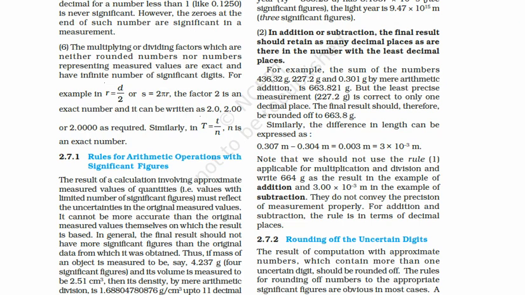Now let us understand what happens in case of addition or subtraction. In addition or subtraction, the final result should retain as many decimal places as there are in the number with the least decimal places. In all the previous cases, we reduce the significant digits to the number which has the least significant figures.